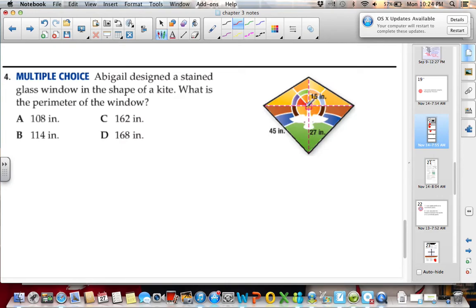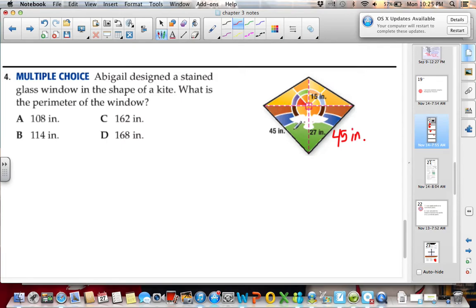So first we need to figure out what this length is right here, because then I'm able to use this and this to figure out this length. And then we know that it's the same over here and over here. So actually I can fill this in right here because I know that that side is going to be 45 inches. So first we're going to do this triangle, okay?